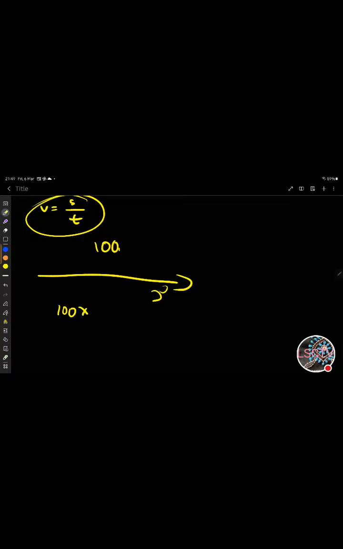The distance would be, sorry, 50 by 100, you get 1 by 2 hour, or 30 minutes, if you travel at a constant speed of 100 kilometers per hour in a straight line.